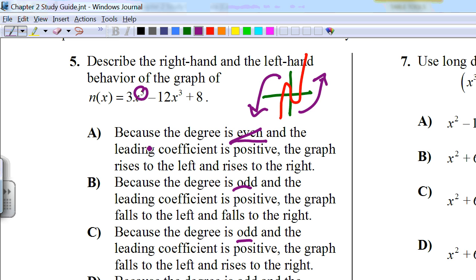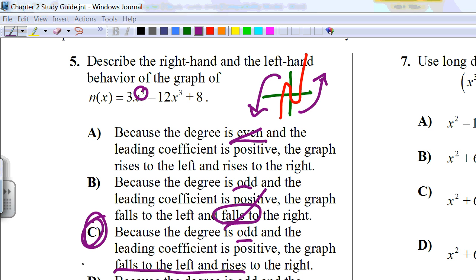This one says it falls to the left and falls to the right. This is not true. Falls to the left and rises to the right, so far that one's good. Let's keep going. Rises to the left. It does not rise to the left. And the last one says rises to the left also. It does not. It falls to the left and rises to the right. So we ended up with C.